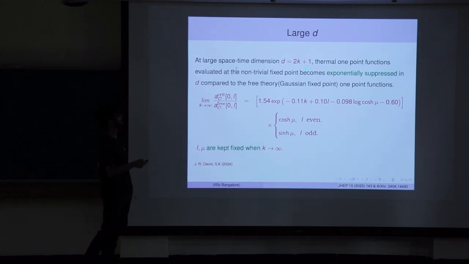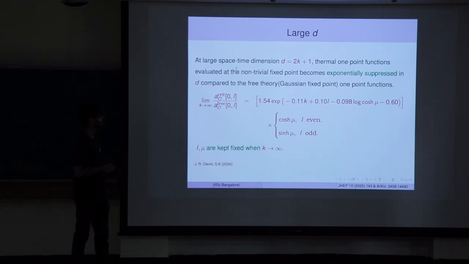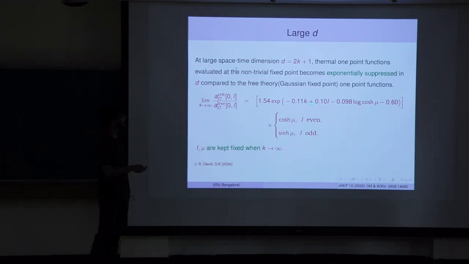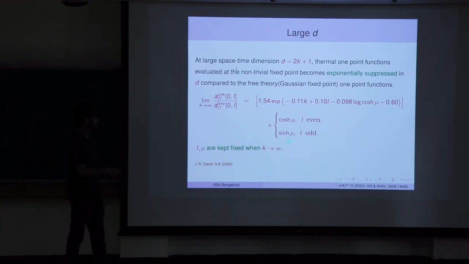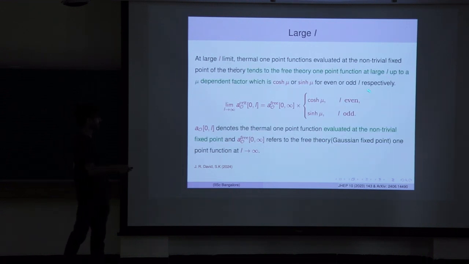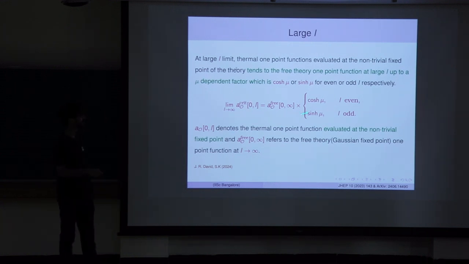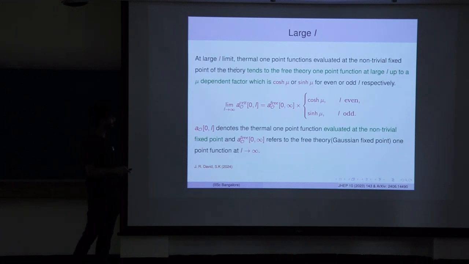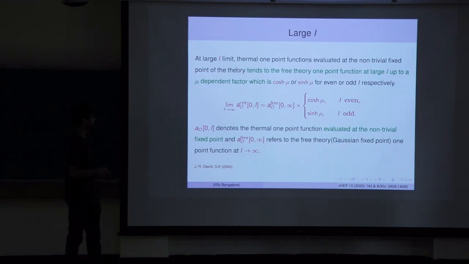Large K is equivalent to large D limit, large space-time dimension, and you can see that it is exponentially suppressed in K, and you have some factors of chemical potential dependence. And I should say that this L and mu, the spin and the chemical potential, are kept fixed while K is taken to infinity. And also for the earlier case, when you take large L, you kept the space-time dimension as well as the chemical potential mu fixed.